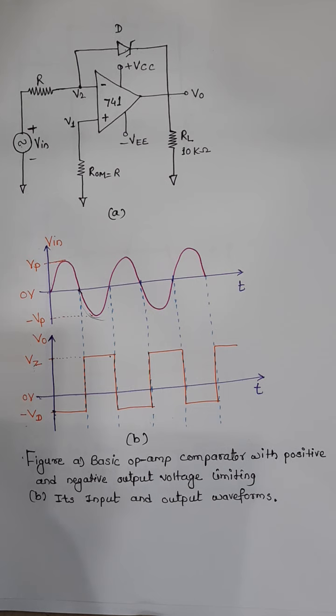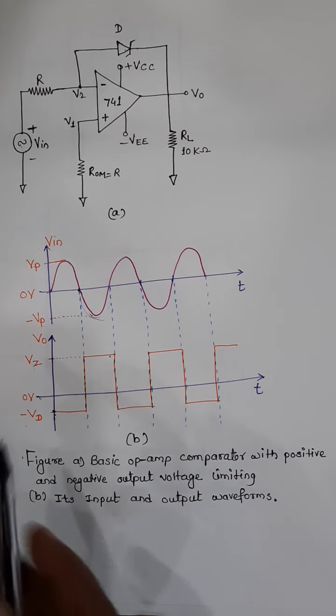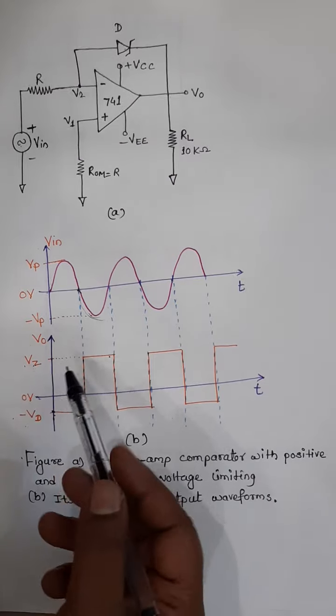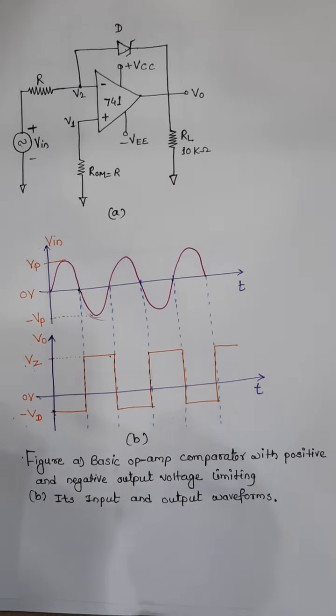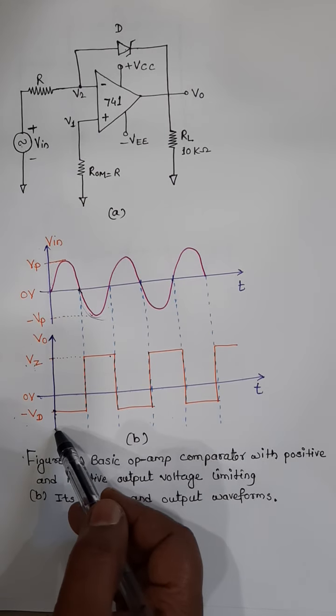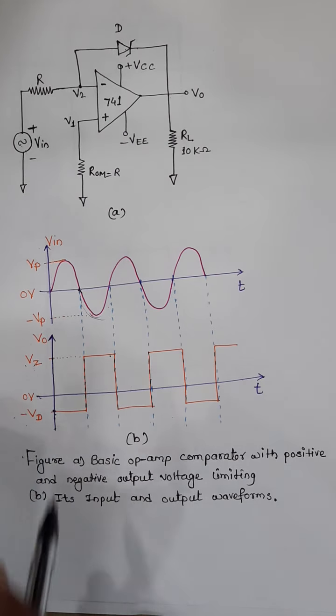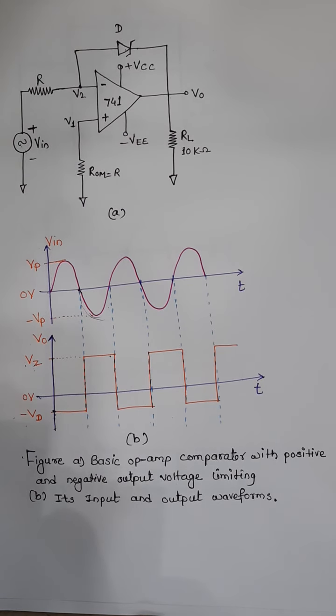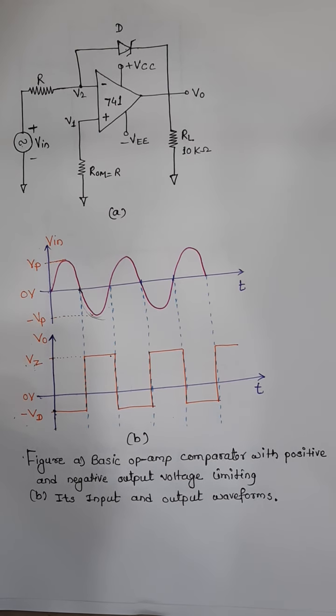That is, V0 will be limited to minus VZ and plus VD. What we did here is minus VD and plus VZ. Simply when we reverse the direction of the diode, we get VZ at the negative and plus VD at the positive output voltage. So this is all about the voltage limiter circuit. Thank you.